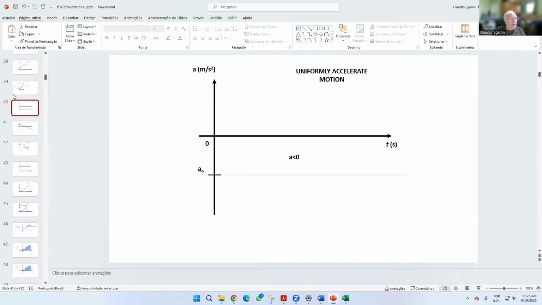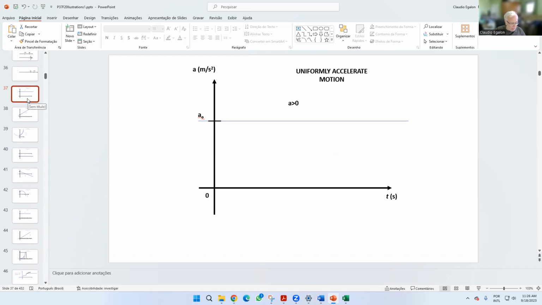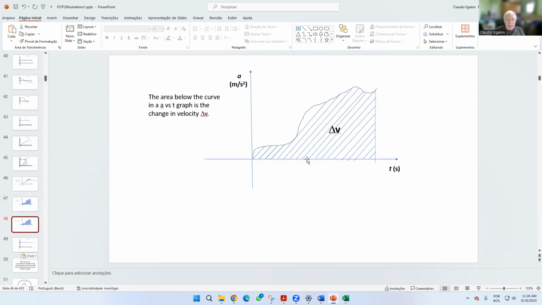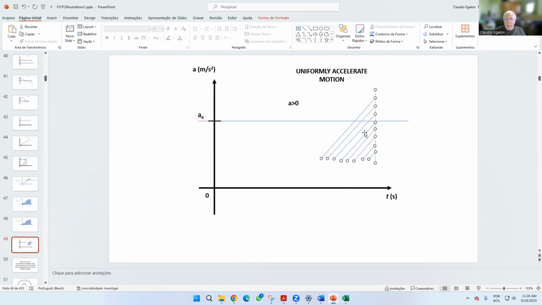So here you go. I have right in here this graph. For this specific case, the area below this graph that you see right here is going to be lots of work too.